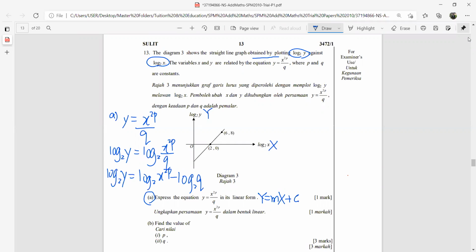Then your answer in linear form: log 2 y equals log 2... I write the answer on the right side here. Log 2 y equals, bring down the 2p in front of the log.